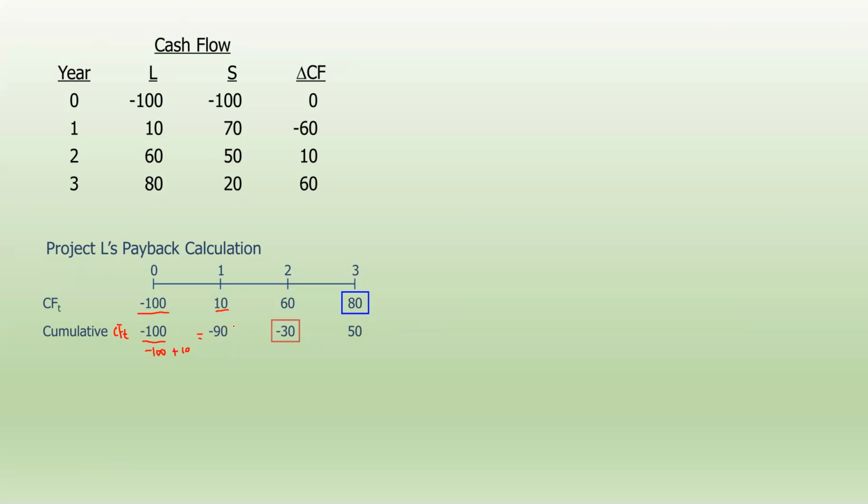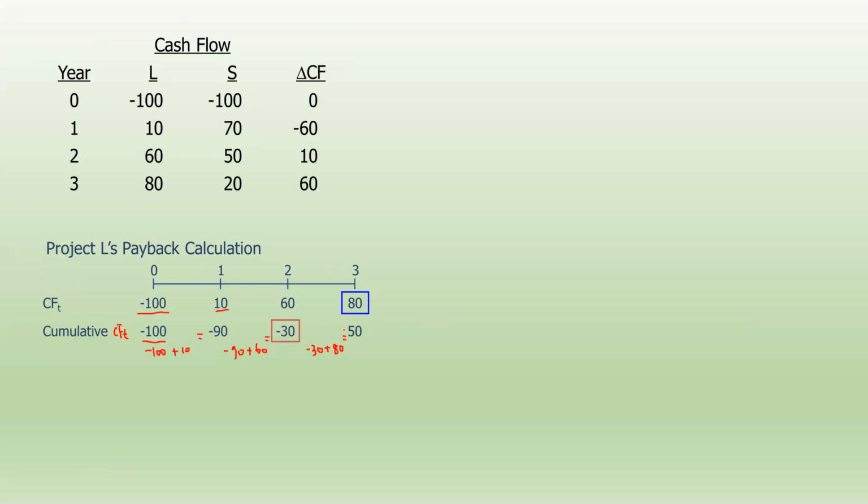And at t equal to 2, we receive $60, so the cumulative cash flow is negative 90 plus 60, which equals negative 30. It means we still have $30 that we haven't collected back. For year 3, we receive $80, and our cumulative cash flow equals negative 30 plus 80, which equals $50.